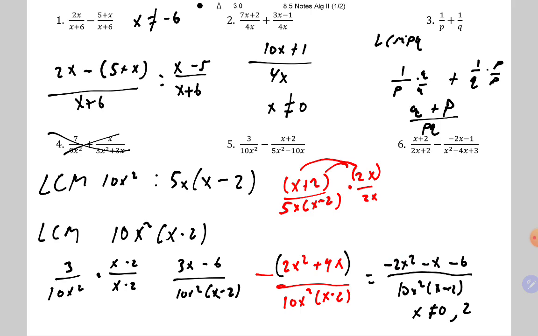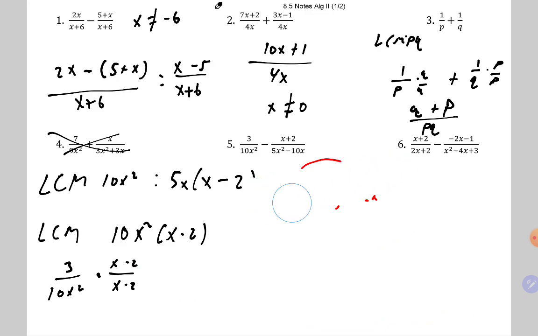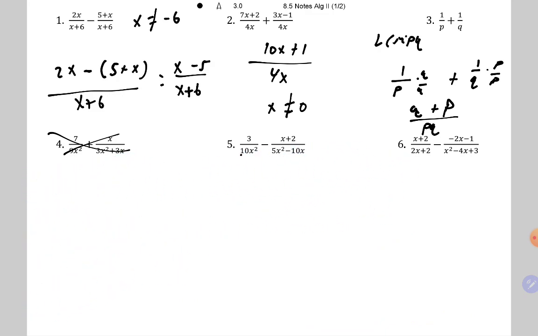Okay, let's do some more. Number 6. Alright, number 6, we need to find an LCM. So we have 2x plus 2, which is 2 times x plus 1.